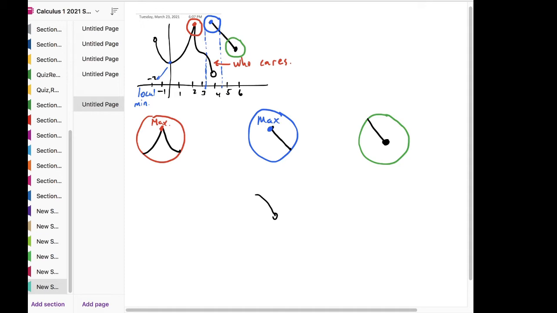That's a minimum value, right? Look at all points around it. Do you agree that it's still the smallest in that little interval, even though nothing exists to the right of it? It still satisfies that definition.